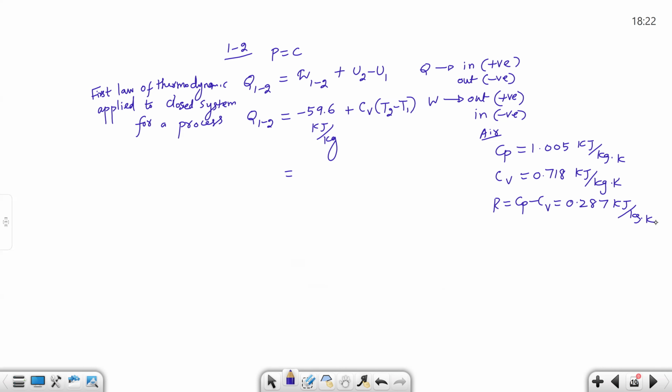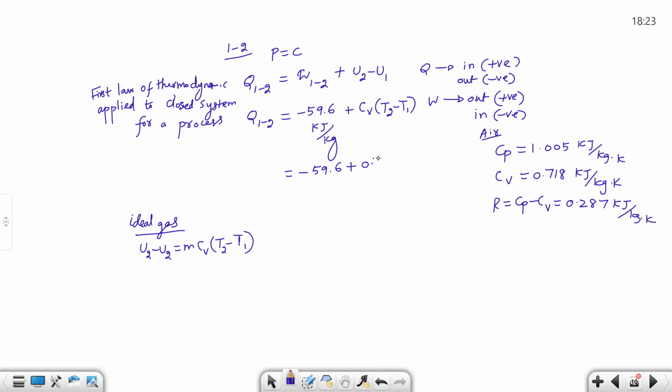Since we wanted it in kilojoule per kilogram, accordingly we can substitute. Because for an ideal gas, we know that change in internal energy is equal to m CV into the temperature difference. But here per kg mass, so we take it CV into T2 minus T1.